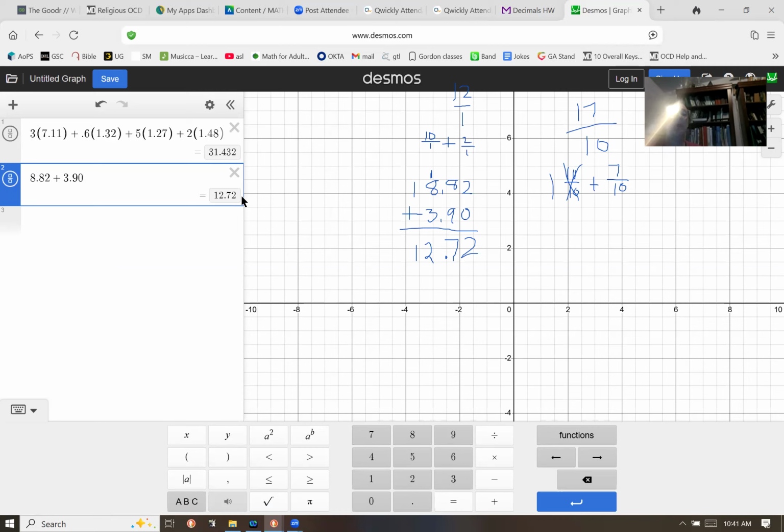Another thing that I encourage you to start doing in all of the math problems that you're doing is a quick estimate in your head to make sure that your answer is coming out close. So if we were going to estimate this, 8.82 is pretty close to what number? Yes, pretty close to 9. How about 3.90? Kenneth or Thomas? What whole number is that pretty close to? 4.